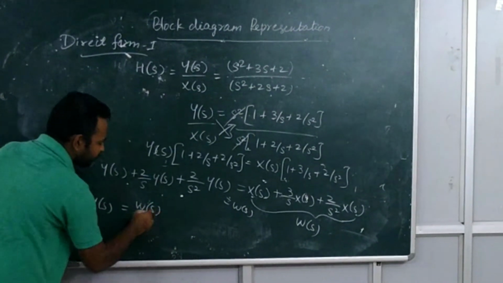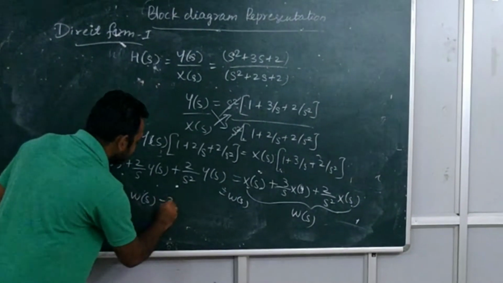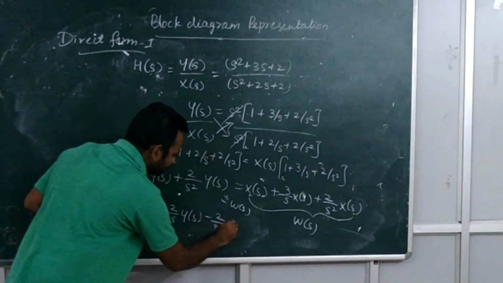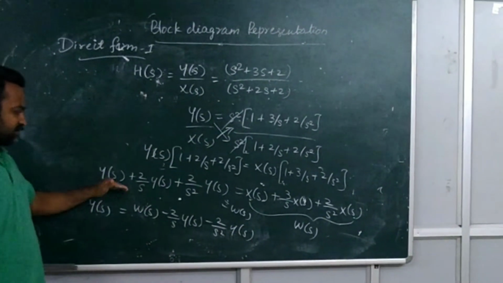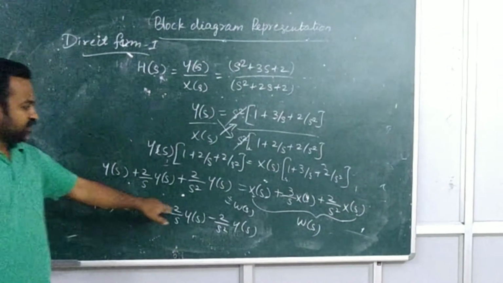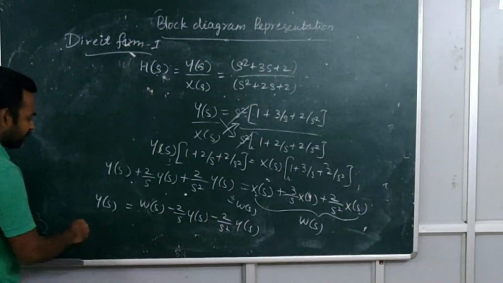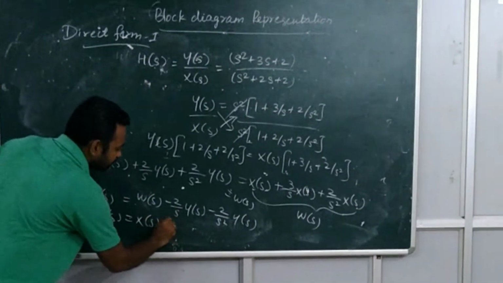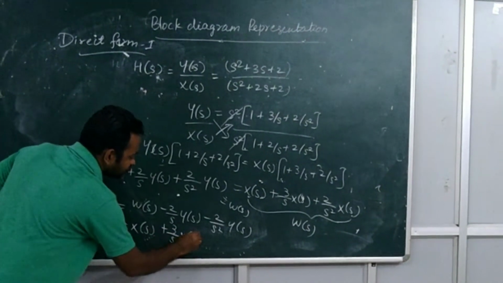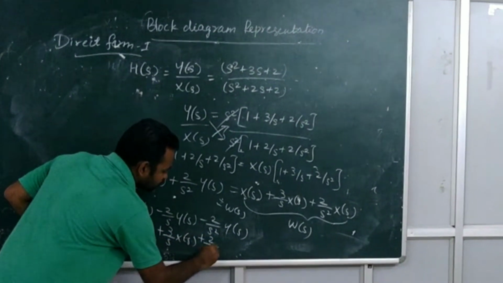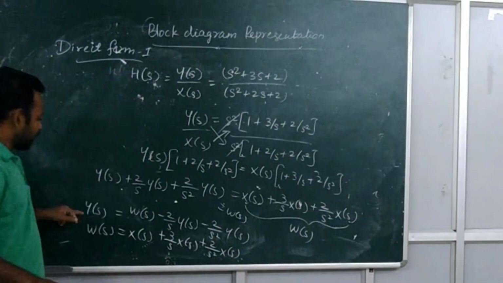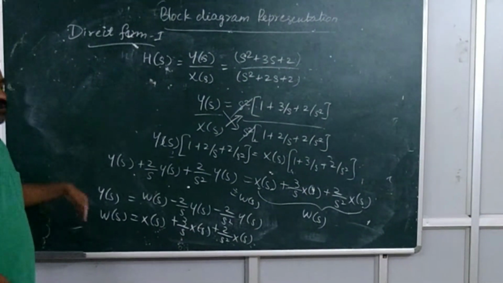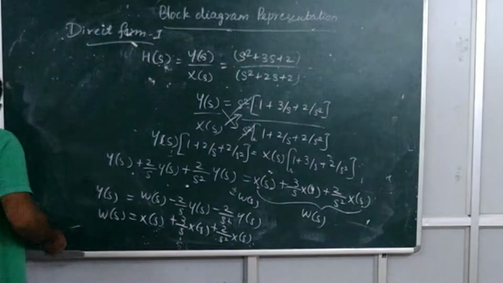So on the right hand side you already have w of s minus 2 by s into y of s minus 2 by s square into y of s. Like this we are rearranging the equation. Similarly, this one we already have: w of s is equal to x of s plus 3 by s into x of s plus 2 by s square into x of s. So we have two different equations, and these equations are what we are going to realize in direct form 1 realization.